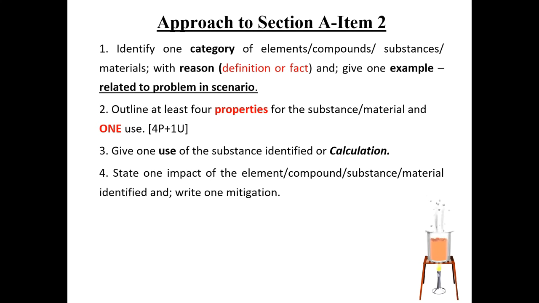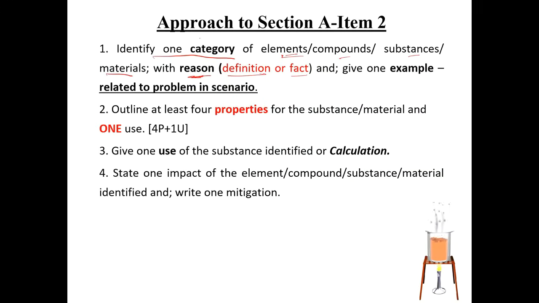item number 2, number 1, read the scenario and then identify one category of, it can be element depending from which topic it is coming from. It can be an element, it can be a compound, it can be any substance, it can be a material. Are we there? Categorize it. Now, give it the reason of the category. It can be the definition or the fact about that. Why are you calling it basic oxide?